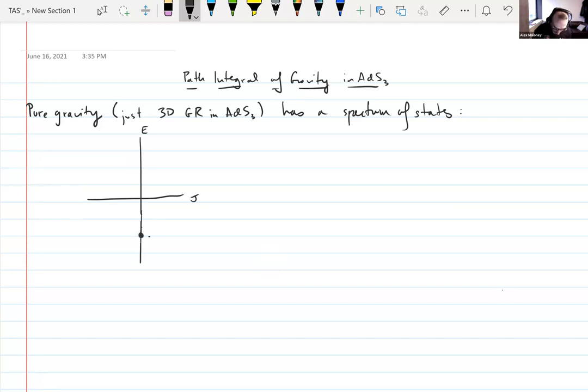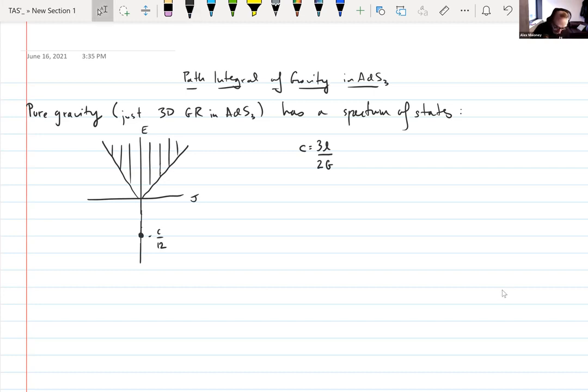So we have the ground state, empty AdS, which has energy minus c over 12, where I remind you that c is the central charge, which is equal to the AdS radius in Planck units. We have a bunch of black hole states which live up here in this shaded region. These correspond to the BTZ black hole we met yesterday, along with the rotating BTZ black hole.